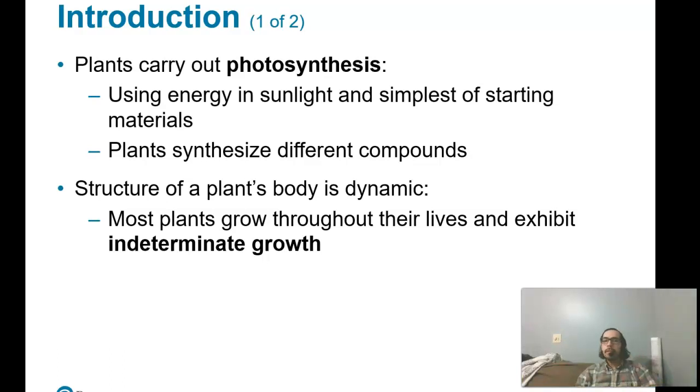So the structure of a plant's body is dynamic, and most plants grow throughout their lives, and they exhibit what is known as indeterminate growth. Okay. So they grow when they have the required nutrients and resources, but then when they don't, they kind of take a pause.